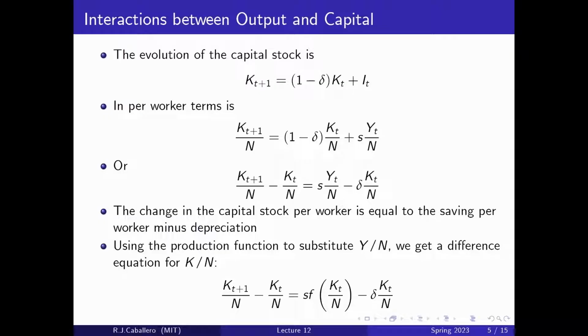It says the change in the stock of capital increases with investment, of course, and decreases with depreciation. And both of these expressions here are increasing functions of the stock of capital per person. Okay? So let's try to understand what is in here.